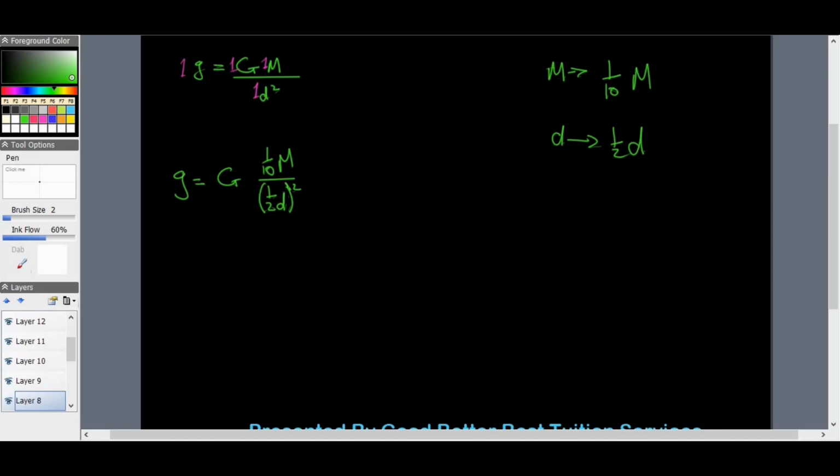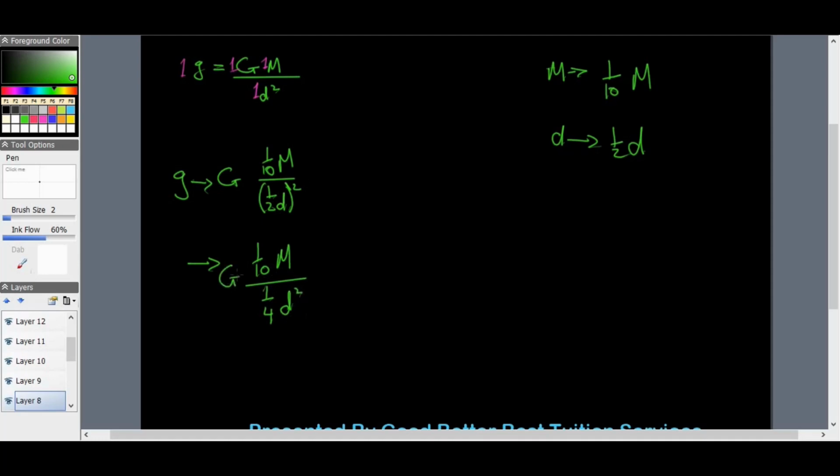If we ask by what factor, we're not asking to calculate the actual answer. Okay, we're asking the factor. So we can form obviously a calculation at the bottom here. And we don't really use equal signs, we use the arrow, by the way. So then therefore that means we have 1/10 M all over, well, a half squared is a quarter d squared.